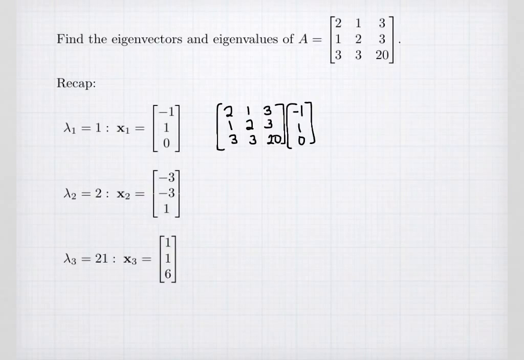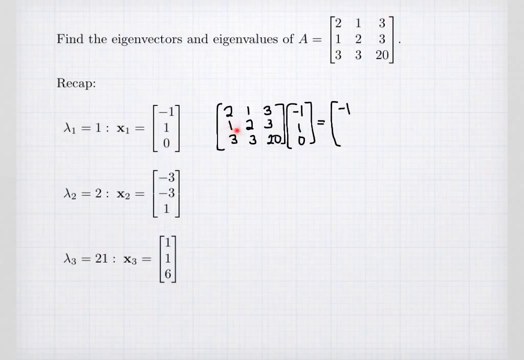So here's our setup for our first example. We take our matrix A, we take our eigenvector, and we do our matrix multiplication. So our first row, 2, 1, 3, times our column, negative 1, 1, 0, I get negative 2 plus 1, gives me negative 1.